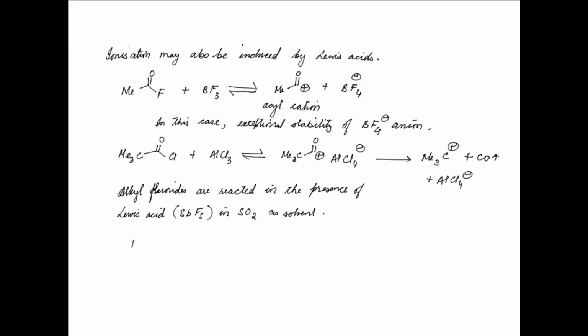If you have an alkyl fluoride where R is an alkyl group, and then you have your Lewis acid, antimony pentafluoride, and you carry out the reaction in sulfur dioxide, it will generate the carbocation plus SbF6 minus. So this is also how a carbocation can be generated.